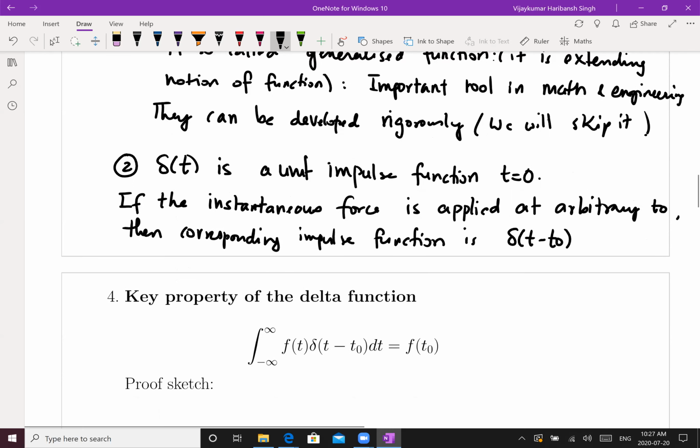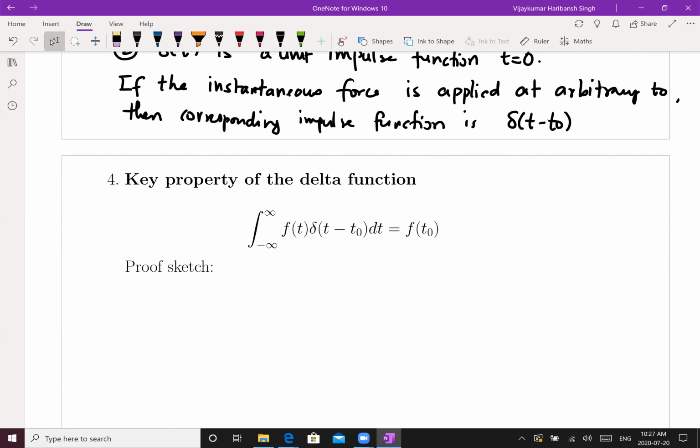Now let's look at some key properties of delta. If you integrate from minus infinity to infinity, f of t delta of t minus t naught, it is f of t naught, for f a continuous function. You can think about f as a continuous function on the real numbers, or at least on an interval surrounding t naught.